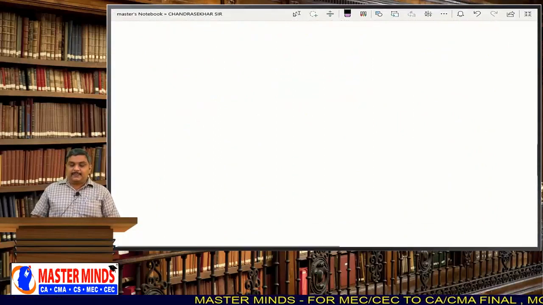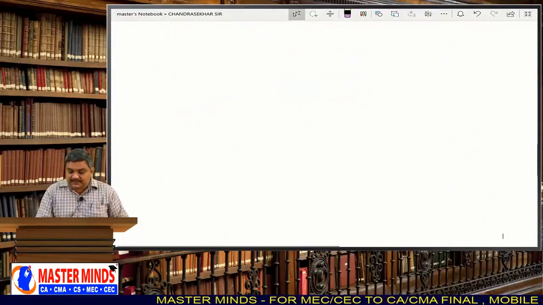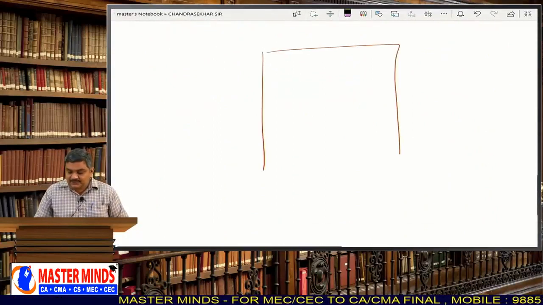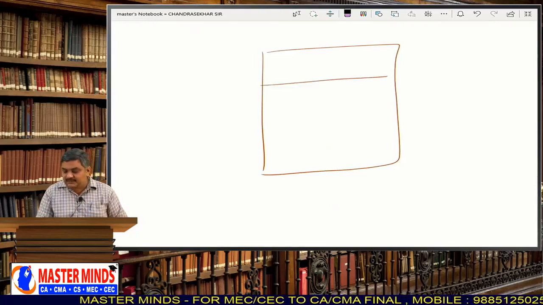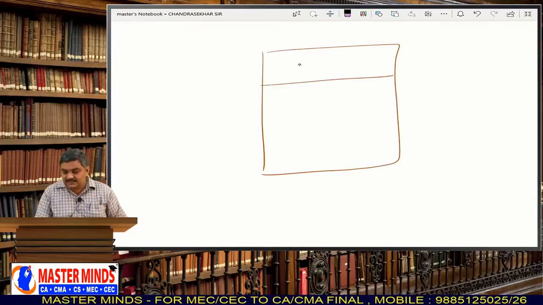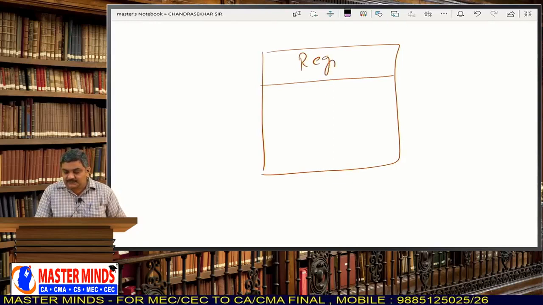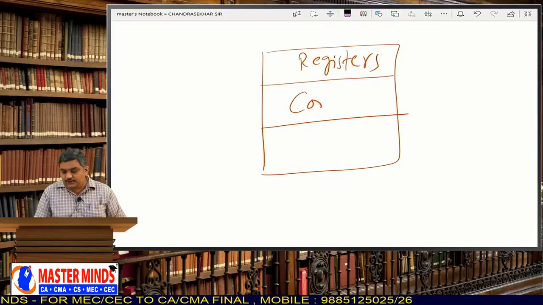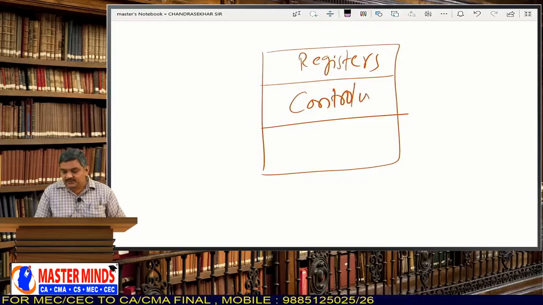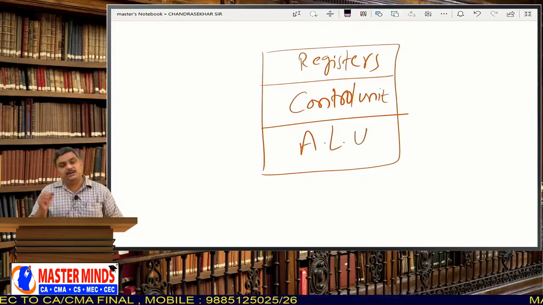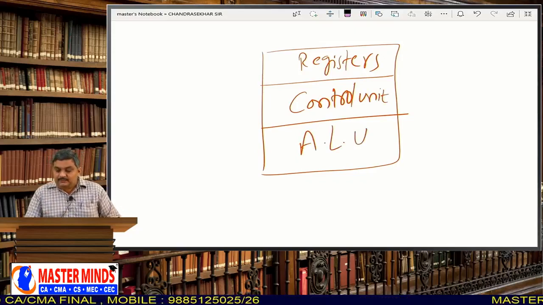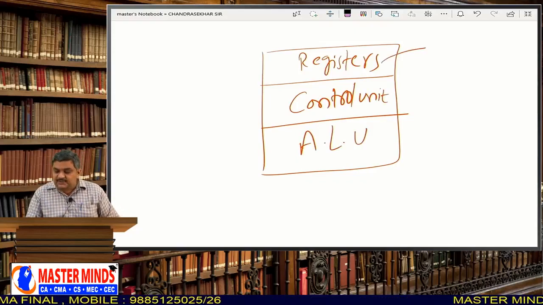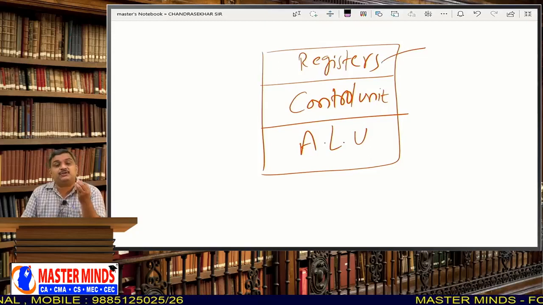So if you take the CPU like this, you can divide the CPU into 3 parts. This can be called the registers part. This can be thought of as the control unit. And this is the arithmetic and logical unit. So these registers are basic units of memory.